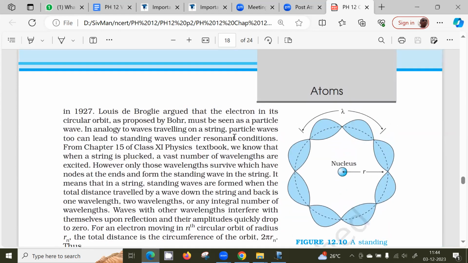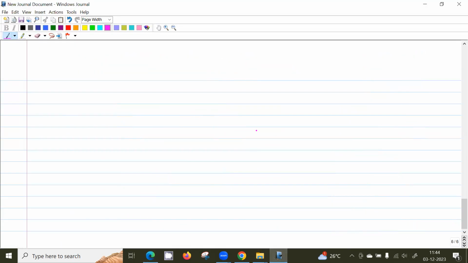Like electromagnetic radiation can have a dual nature. It says light can behave like a particle.